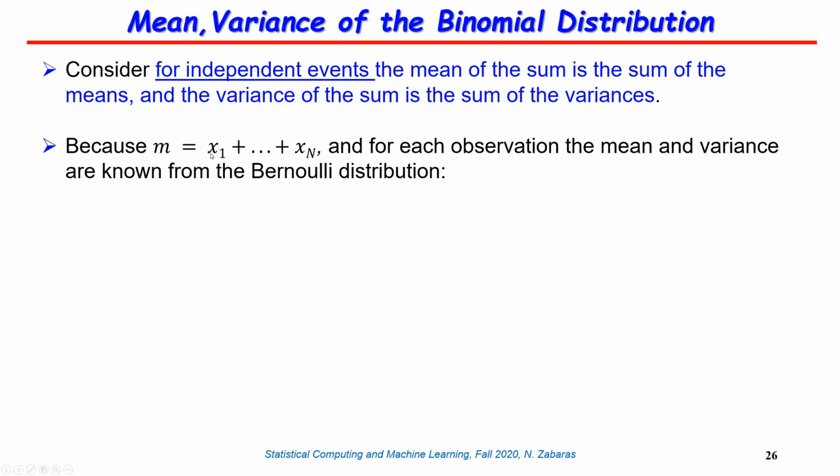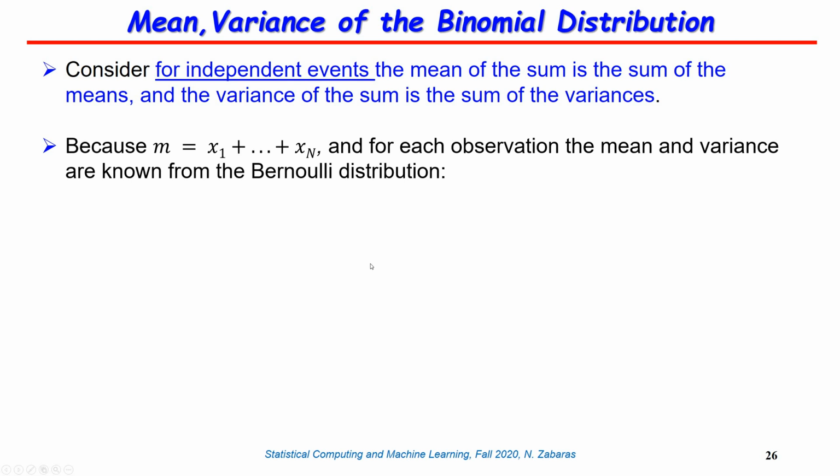So the expectation of m is the sum of the expectations of x1, x2, up to xn, and similarly the variance of m is the sum of the variances of x1, x2, up to xn.